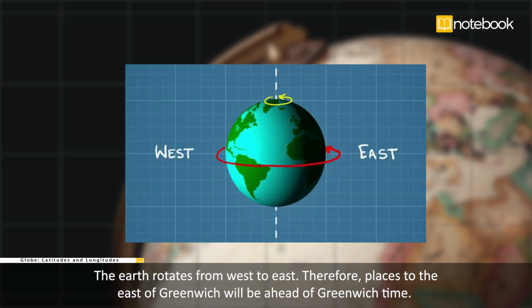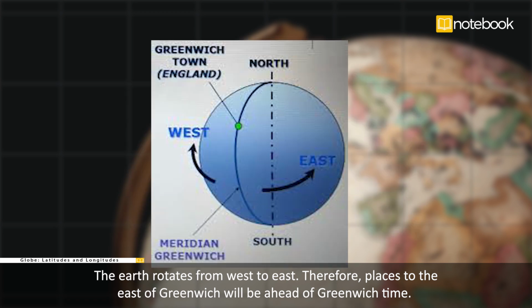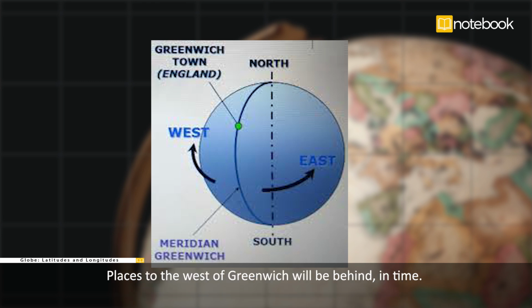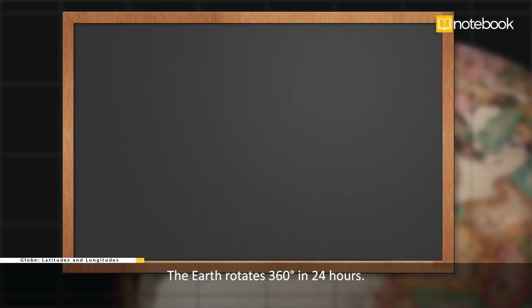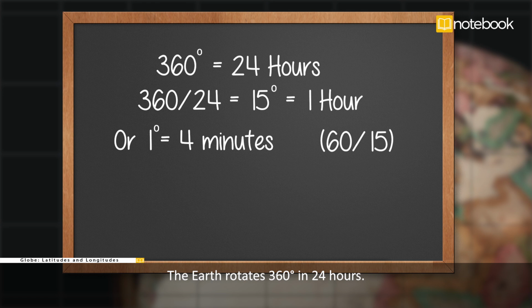The earth rotates from west to east. Therefore, places to the east of Greenwich will be ahead of Greenwich time. Places to the west of Greenwich will be behind in time. The earth rotates 360 degrees in 24 hours.